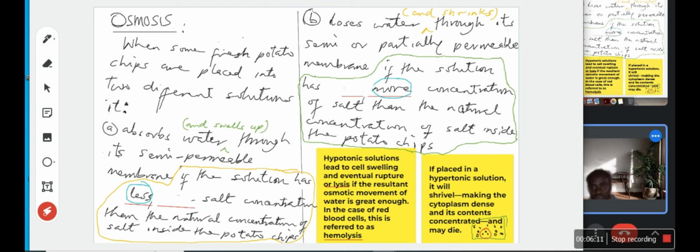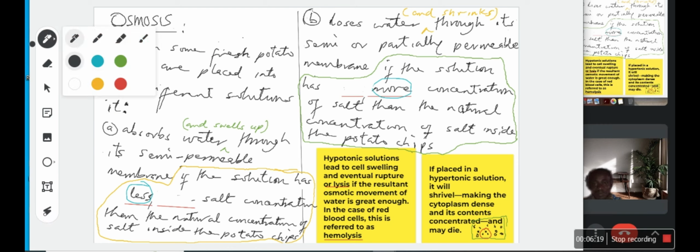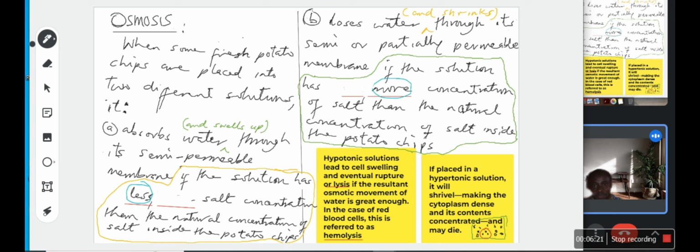Some fresh potato chips are placed into two different solutions. Because this will help you to understand this: some fresh potato chips are placed into two different solutions.